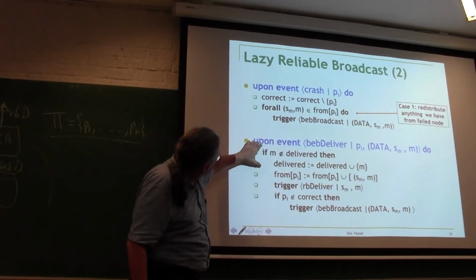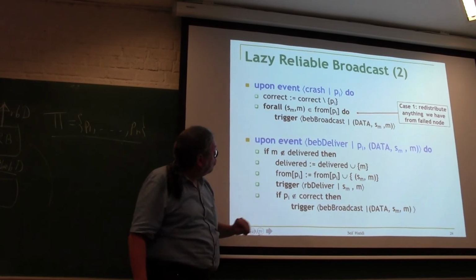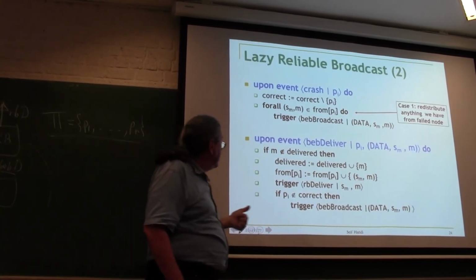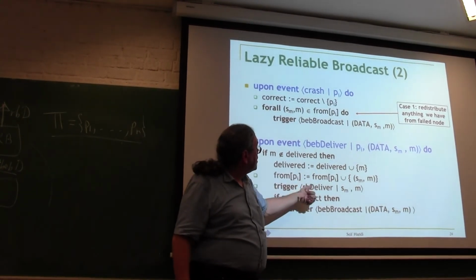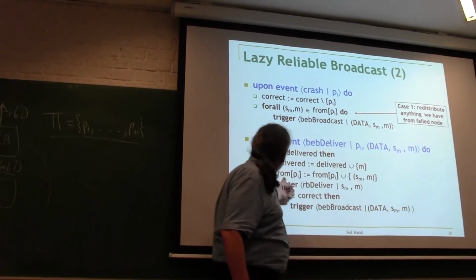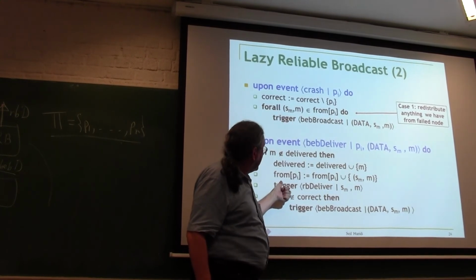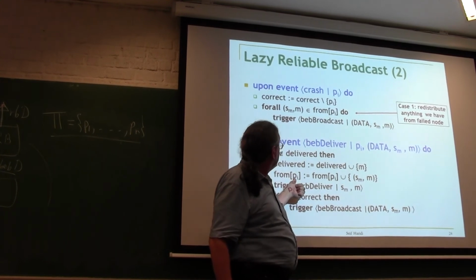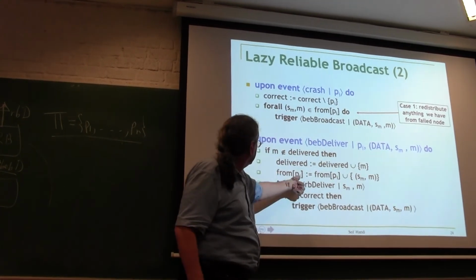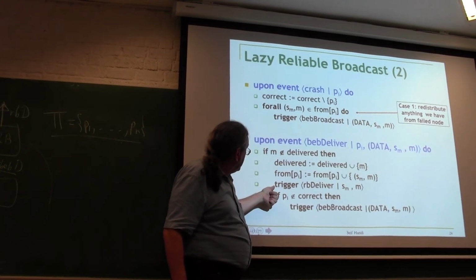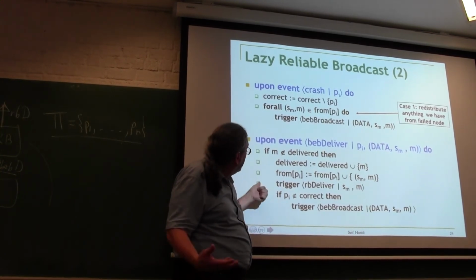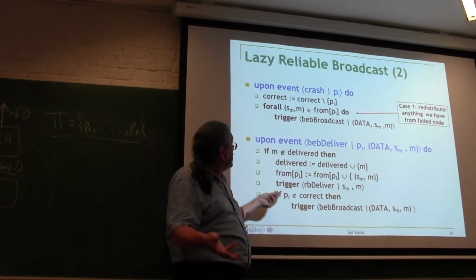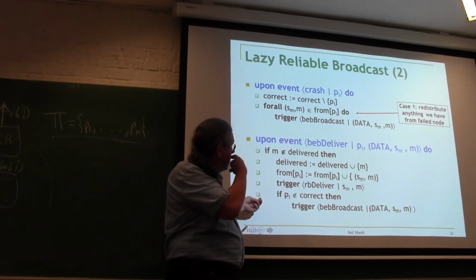This guarantees that this stuff will only be executed once for every message. We add the pair SM and M to the from set, because this message came from Pi, okay? And then we do an RB deliver. This is reasonable because the message has arrived at this node.